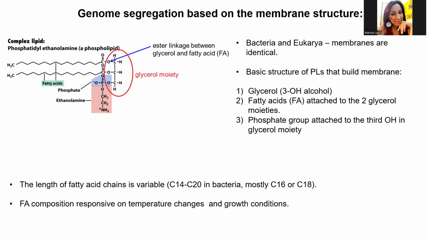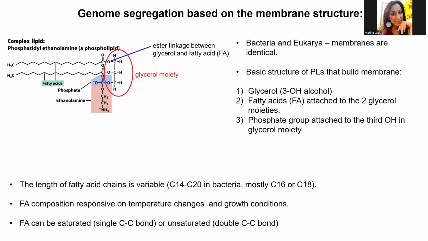And as we will see later, it's responsive to the carbon source that we are giving to the cells. Very often that structure indicates changes in the physiology of microbial cells. So not only in length, those fatty acids can also differ in the chemical structure itself. They can be saturated if they have only single carbon bonds, like C-C.